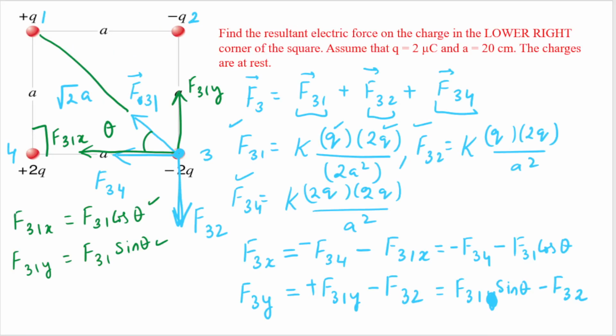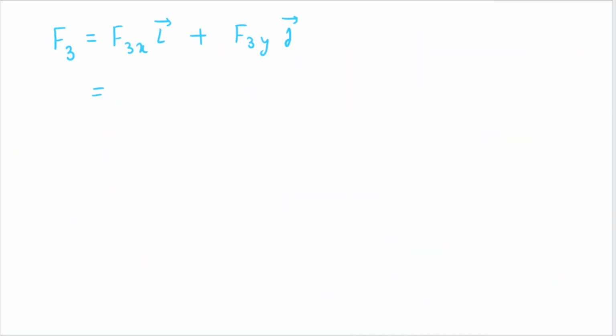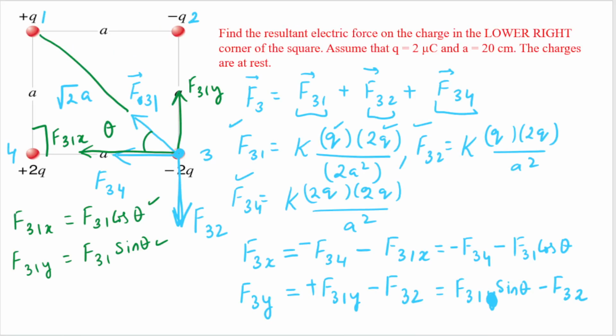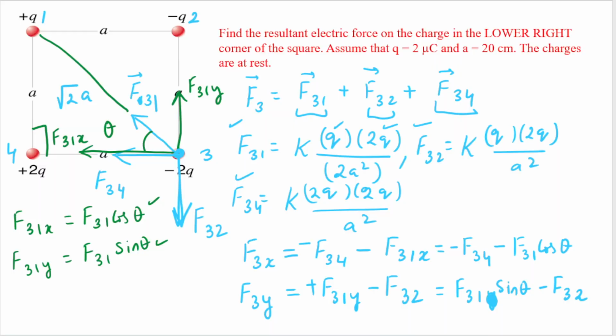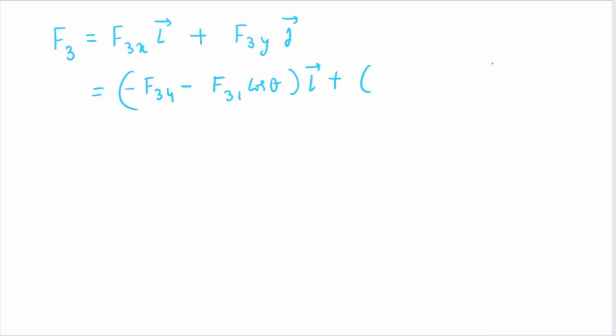Substituting, F3x is minus F34 minus F31 cos theta in the i direction, plus F3y, which is F31 sine theta minus F32, in the j direction.